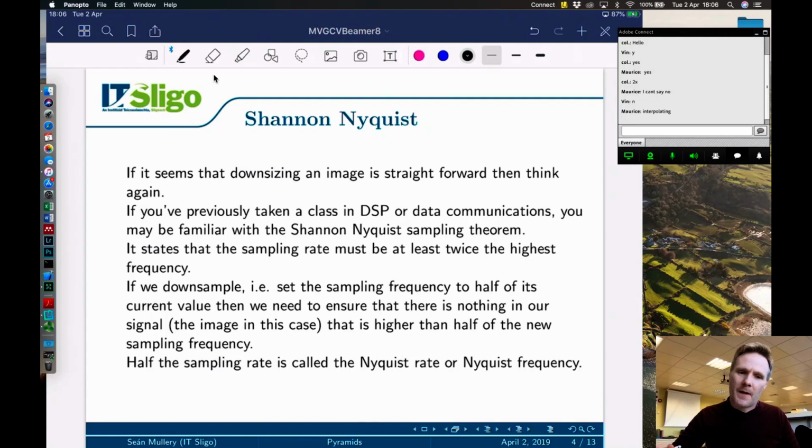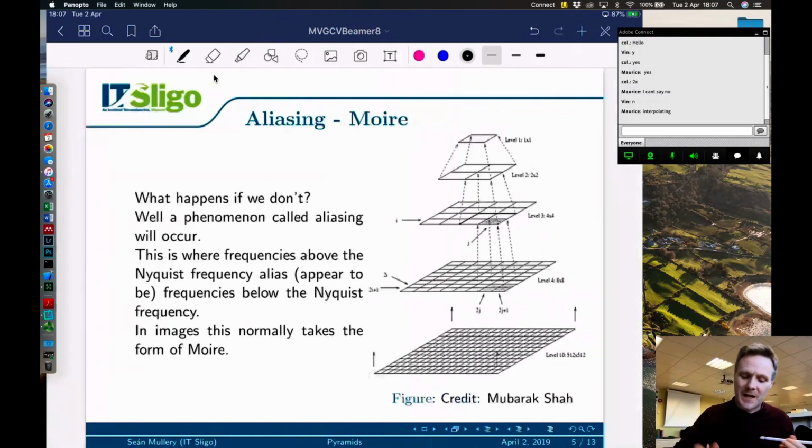And when we were bringing it down in its number of samples, so if we were, let's say, halving the number of samples, one of the things we had to do first was low pass filter it so that we removed any frequencies that would now be between the new Nyquist frequency, half the sampling frequency, and the sampling frequency. They had to be removed before we did our downsampling. And the same happens in an image.